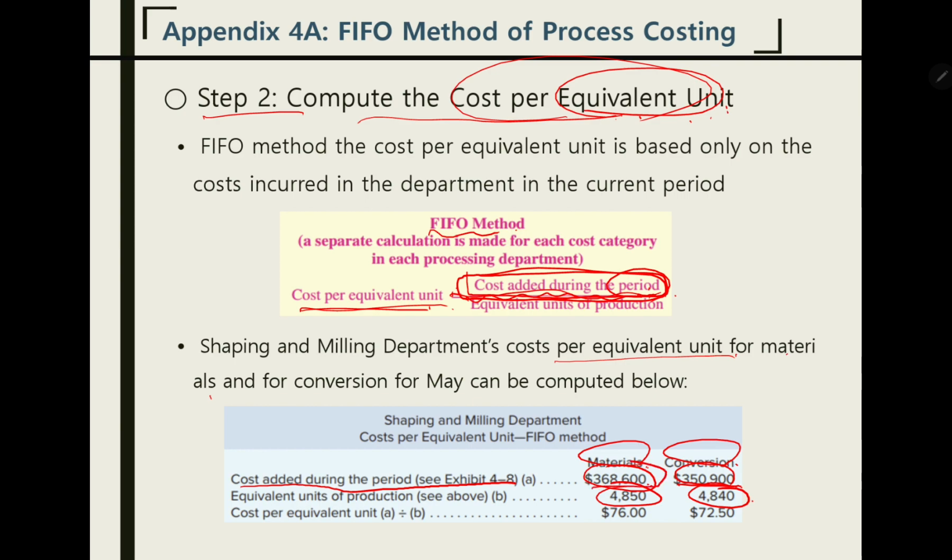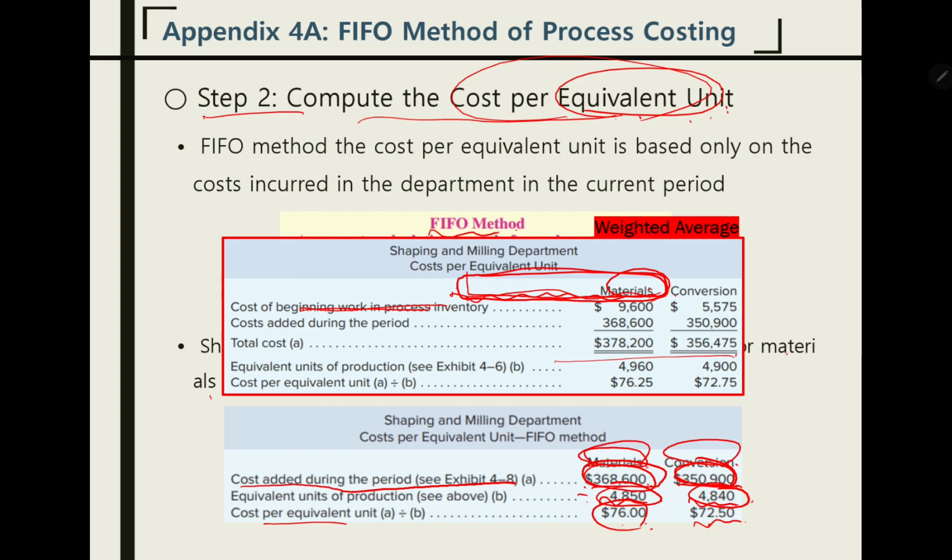Okay, then we divide these current period's costs by the equivalent units that were computed in the first step. And then cost per equivalent unit is $76 for direct material and $72.50 for conversion cost. All right.